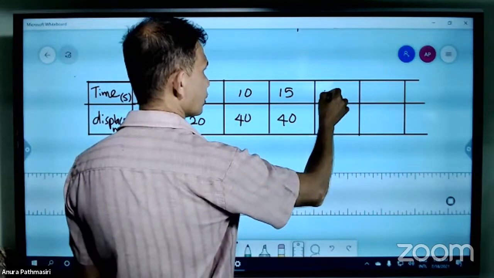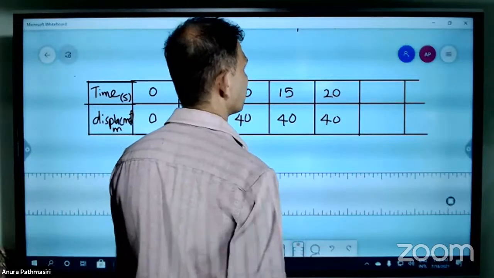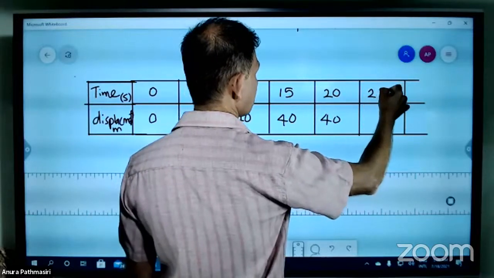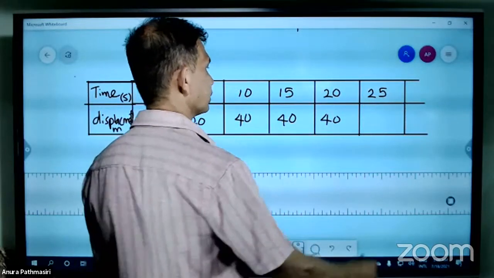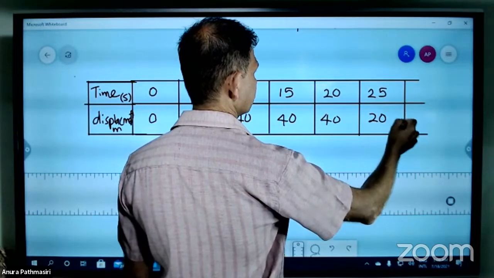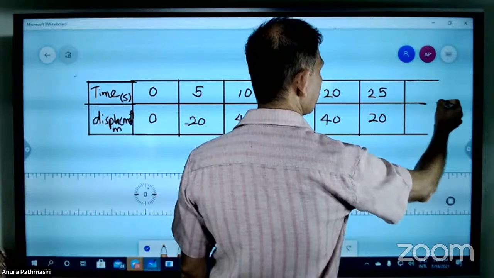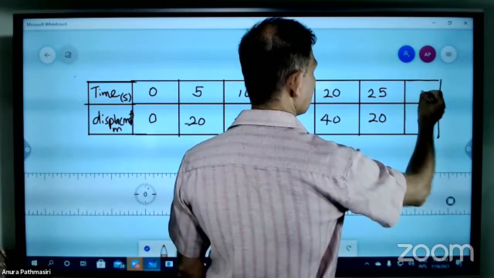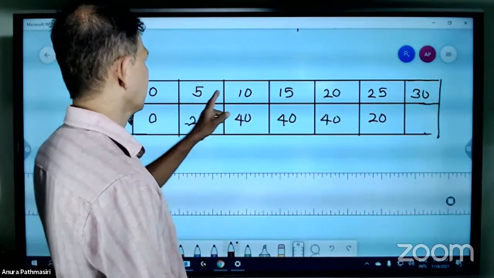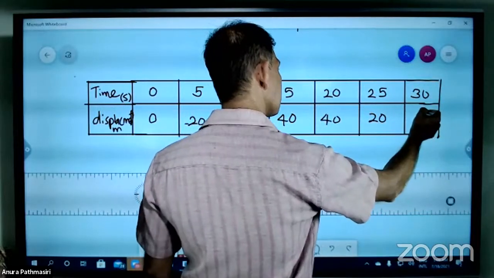When the time is 20 seconds, displacement is 40. When the time is 25 seconds, the displacement is 20. And when the time is 30, the displacement is 0.